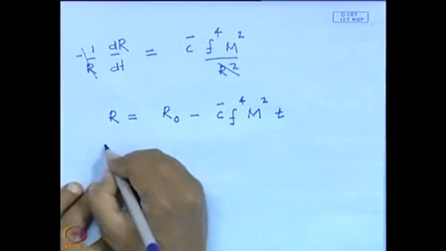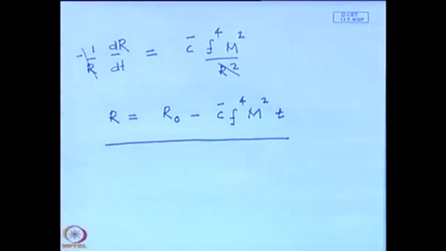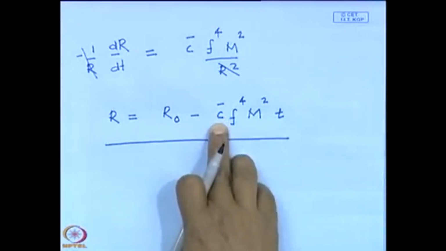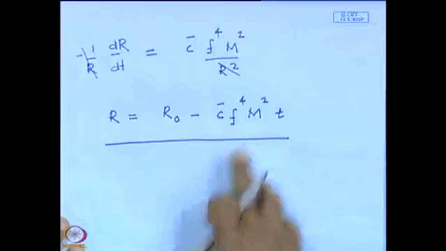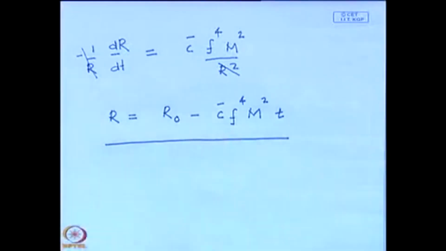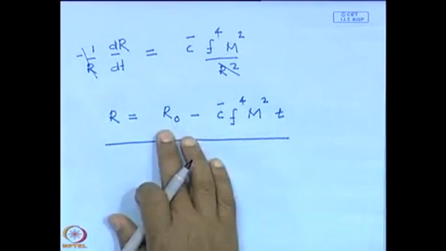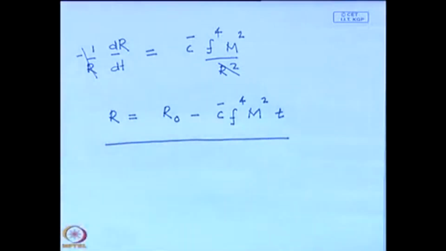That is how the radius changes with time, where you can work out exactly what the numerical value corresponding to C bar is by just backtracking a little, and m is the mass of the object, f is the relation between the effective temperature and the virial temperature, t is time. At time t equal to 0, the object has some radius r naught, and r will be the radius at some later time t.